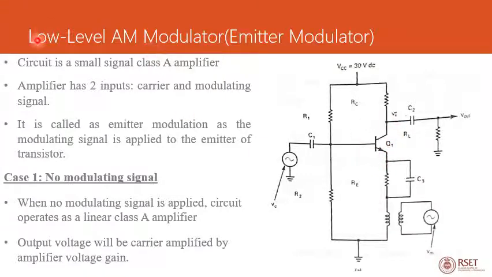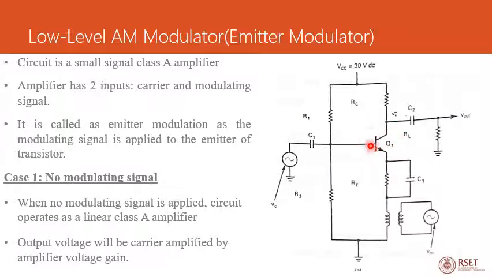This low level AM modulation is also known as emitter modulation because the modulating signal is applied to the emitter of the transistor. Low level modulator means that if the modulation takes place prior to the output element of the transistor, then it is known as low level.